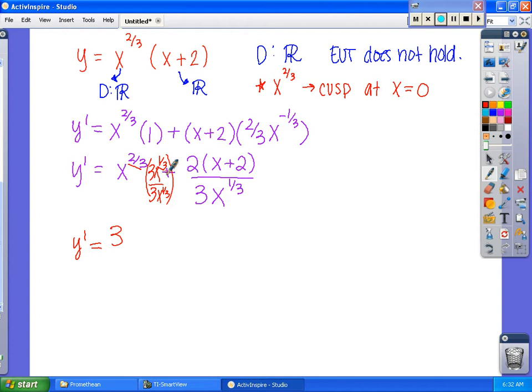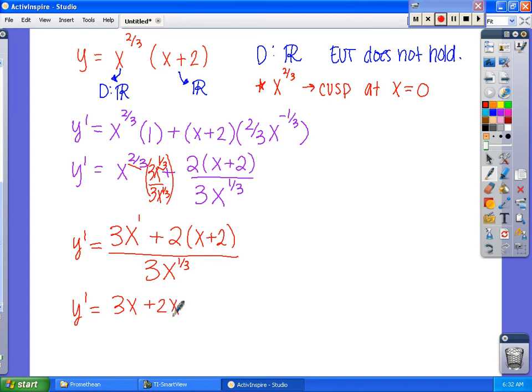You add the powers, so you actually get x to the 1. On top we still had the 2x plus 2, and the common denominator for both was 3x to the 1/3. Now I simplify and get 3x plus 2x plus 4, because we have to distribute, all over 3x to the 1/3.